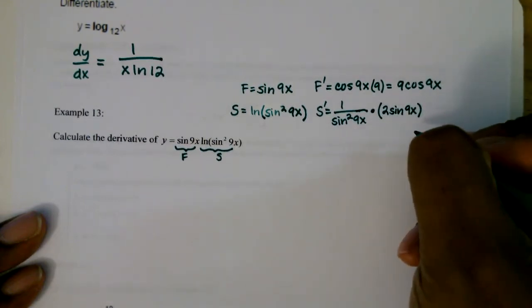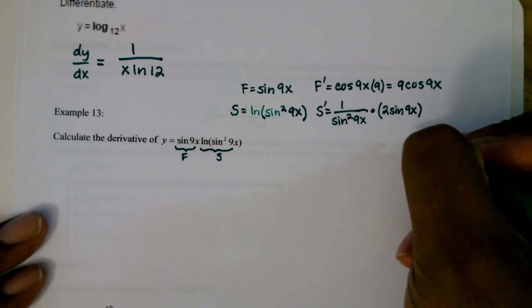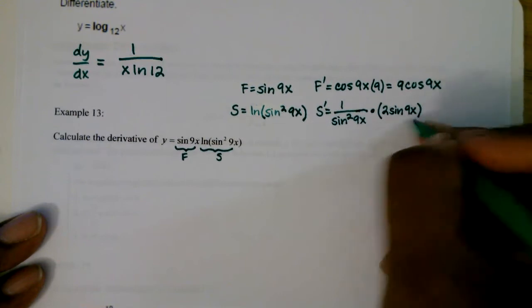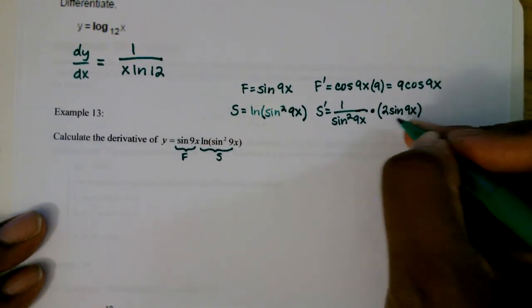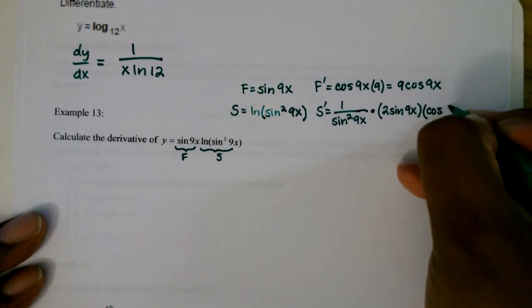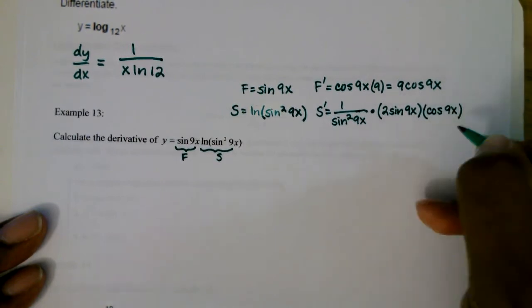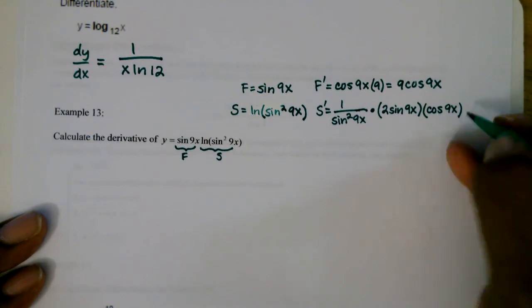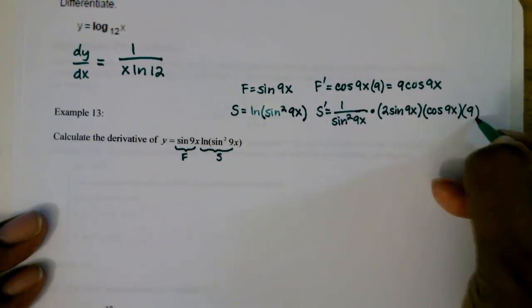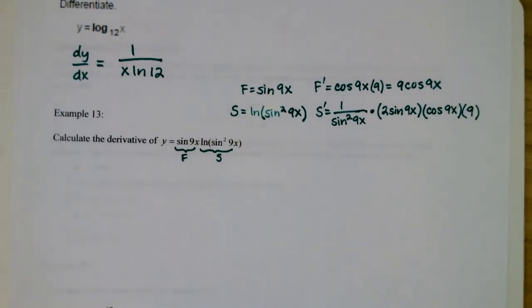But we're not done yet. We're definitely not done yet. We got to take the derivative of the sine of 9x. The derivative of the sine of 9x has to be cosine 9x. And we're still not done. We need to take the derivative of 9x, which will be 9. So this is where we had to apply the chain rule, not once, not twice, but 3 times.